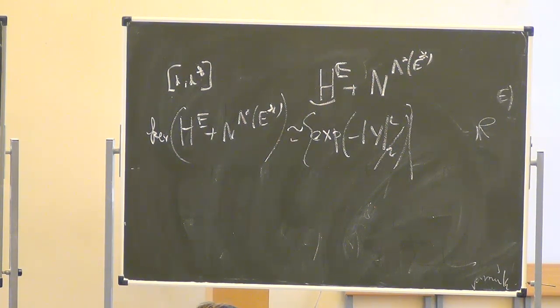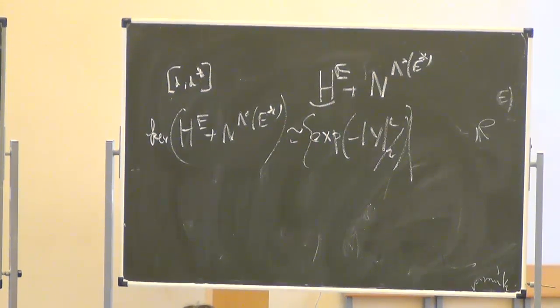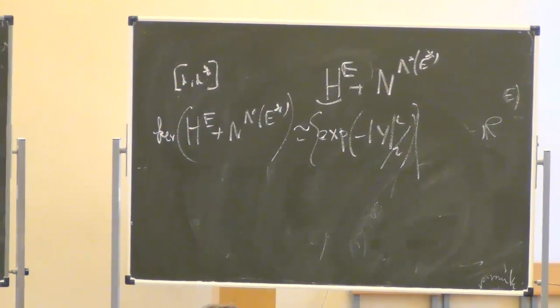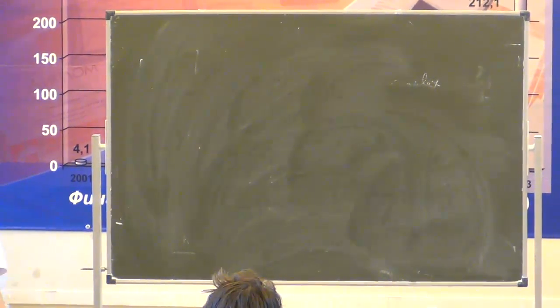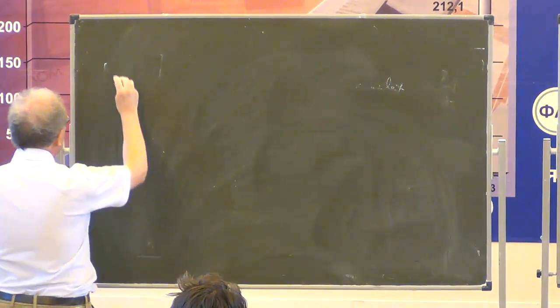Okay, so let me try to explain now how to set up the proper language in which the computation of the Bargmann transform of the trace of a heat kernel will become the computation of a Lefschetz trace.